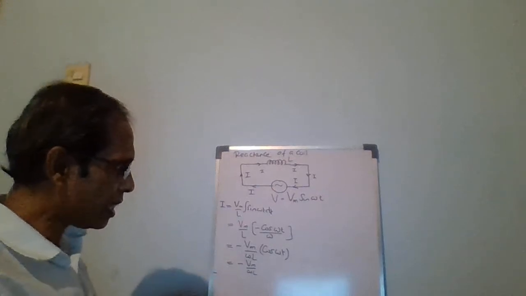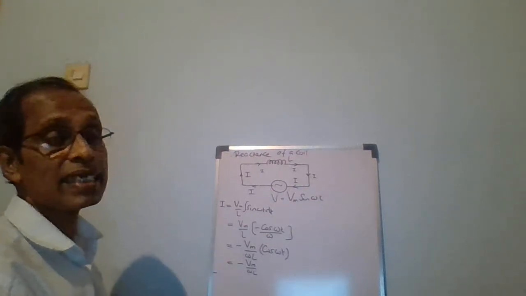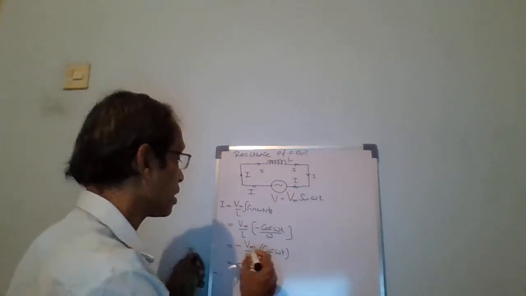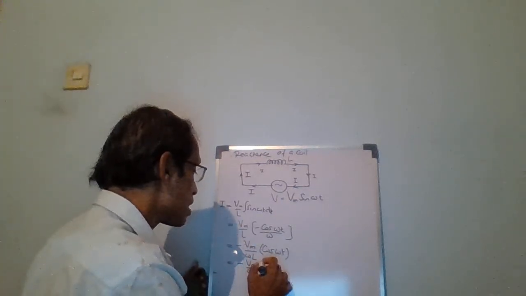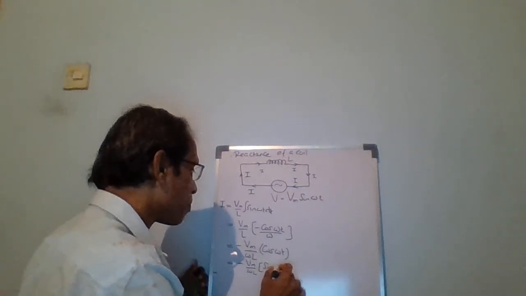We can write this in sine. Cos theta is equal to sin 90 minus theta. Sin 90 means pi divided by 2, minus theta, which means omega t.